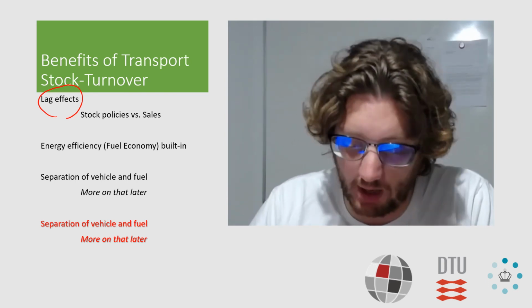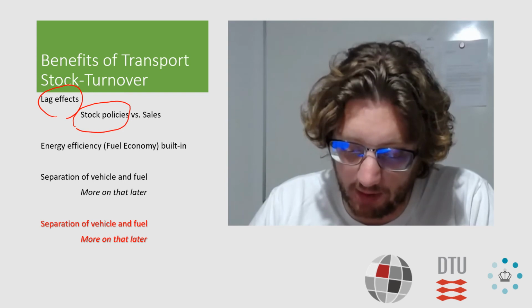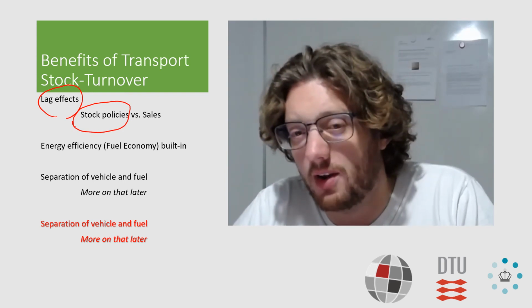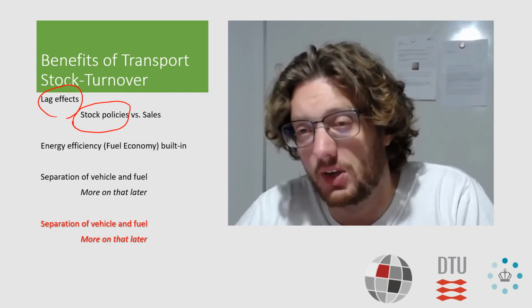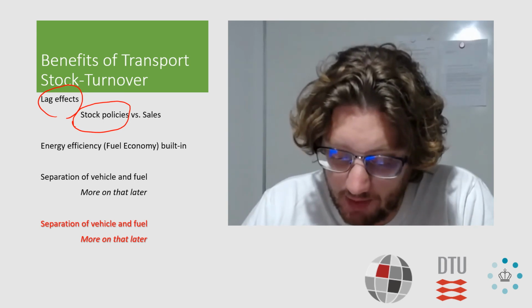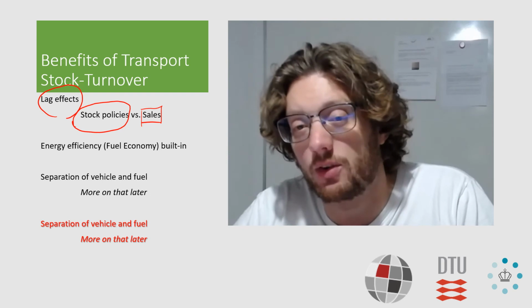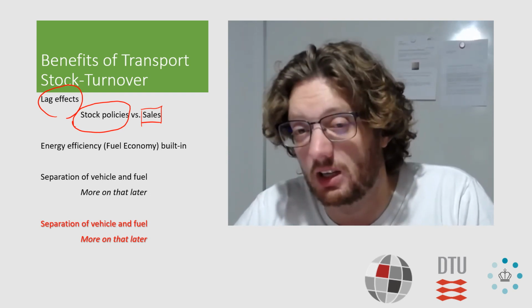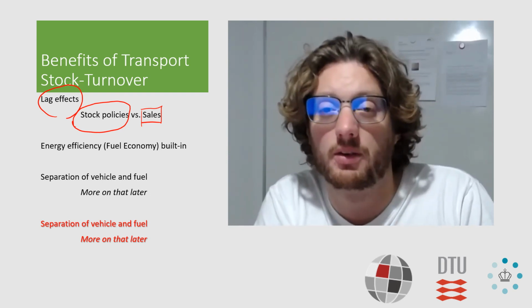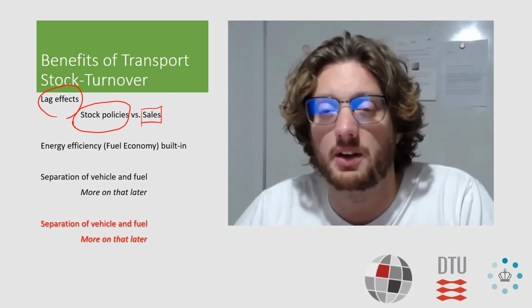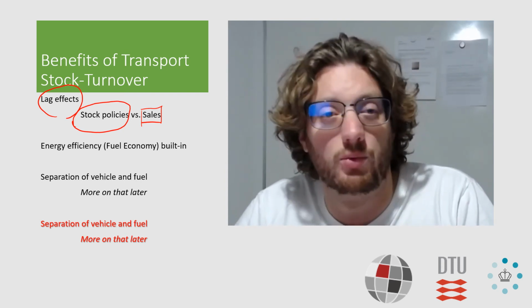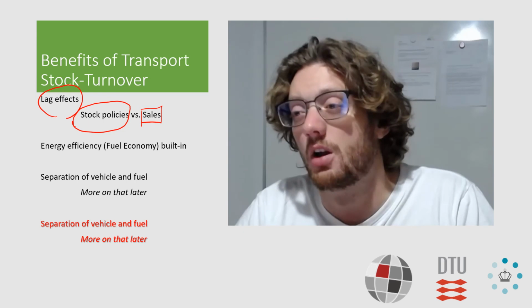So these are what I would call stock-based policies. Now, quite often, maybe purposely or not, they don't have their sales built in. So if you need a certain stock or stock percentage in a number of years, well, how would you actually accomplish that in terms of sales? Would you do forced retirements?